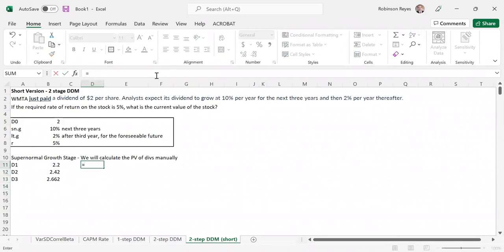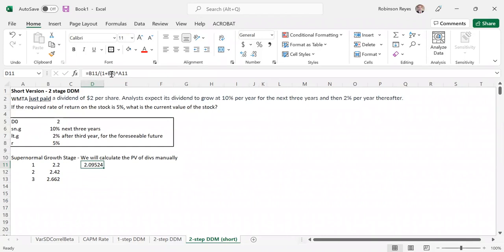So now we will get the present value. And how do we get the present value? Well, each dividend divided by 1 plus the discount rate to the power of time. I will choose this cell, but then instead of D1, I will change it to 1, 2, 3.